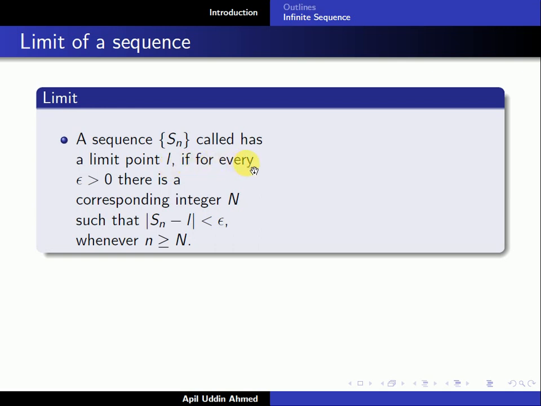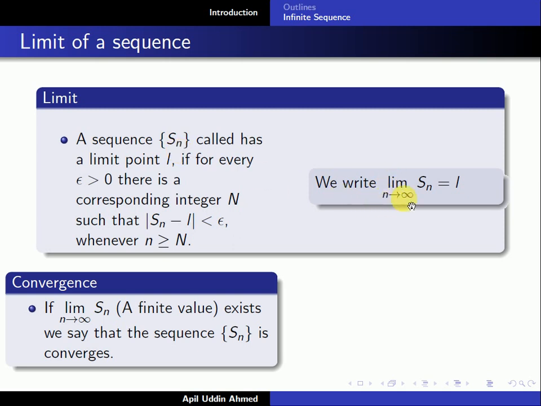Now if for every epsilon, every small positive quantity greater than 0, there exists a corresponding integer capital N such that the modulus of the difference is always less than epsilon for all small n greater than or equal to capital N, then this L is called the limit point, or simply the limit, of this sequence Sn. And we write it like this: limit n tends to infinity Sn equals L.